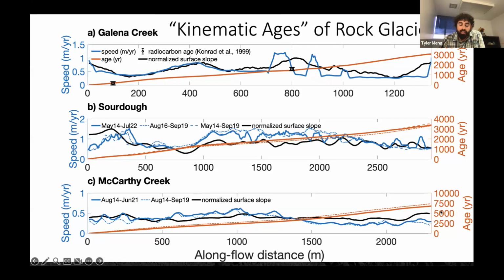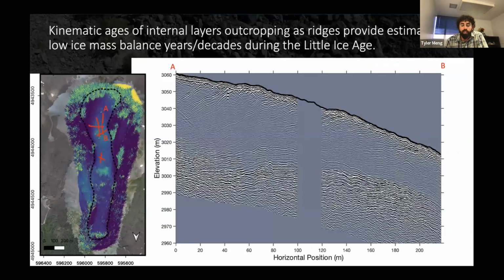So that is another indication that even though they're right next to each other, these rock glaciers do have differences and they evolve differently. And there's still a lot of work to be done to figure out exactly why they are evolving so differently. But we're just starting to figure out some of the hypotheses we want to explore.